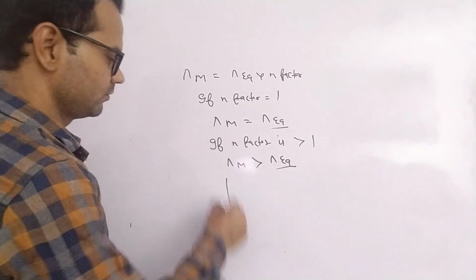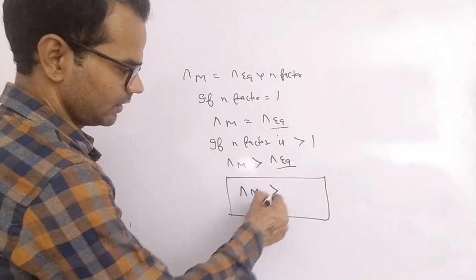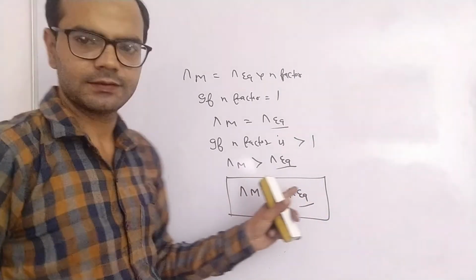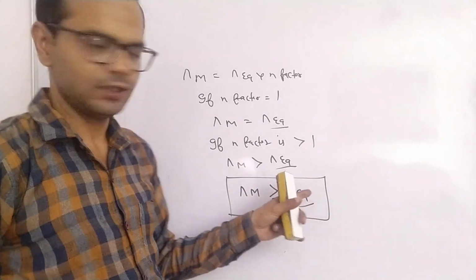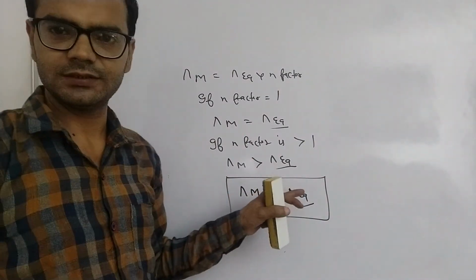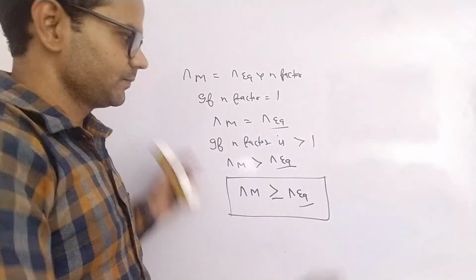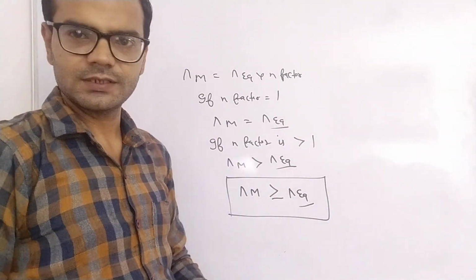So what is the conclusion? Molar conductivity is greater than or equal to equivalent conductivity. Molar conductivity can't be lower than equivalent conductivity. So this is the basic introduction and basic conclusion of the chapter electrochemistry.